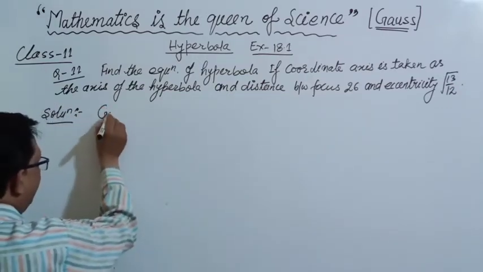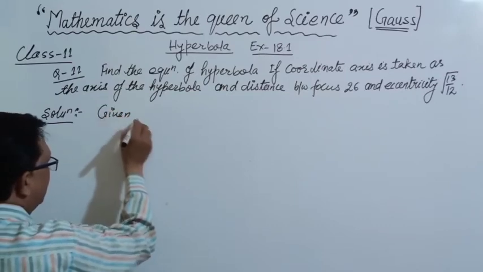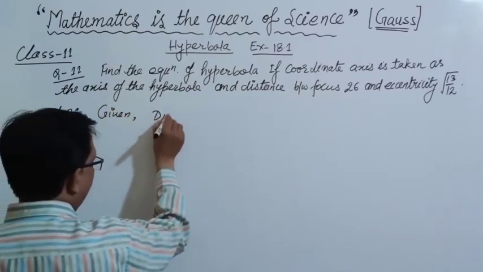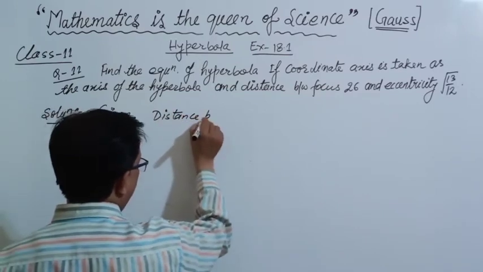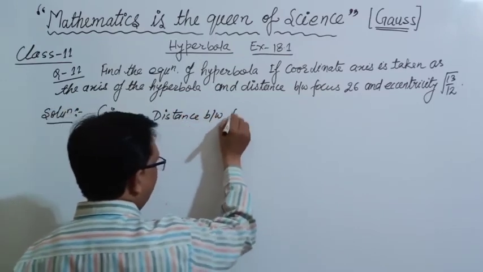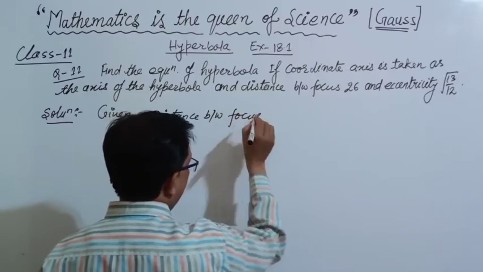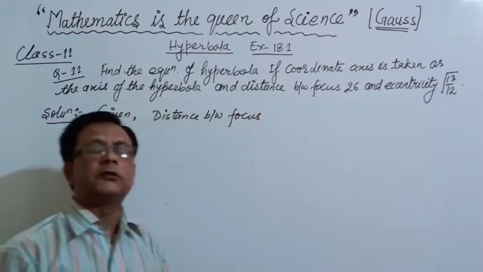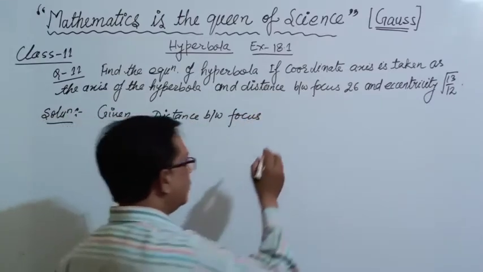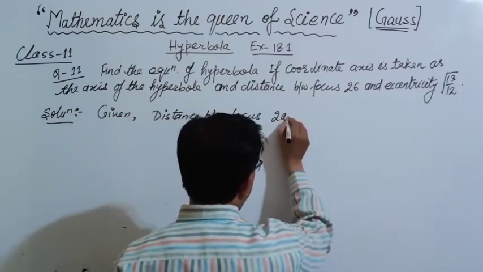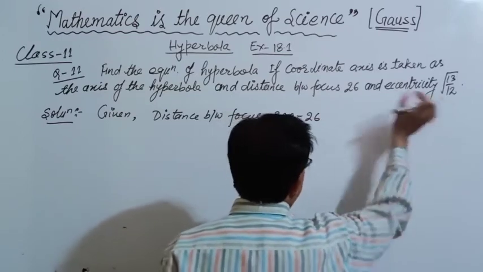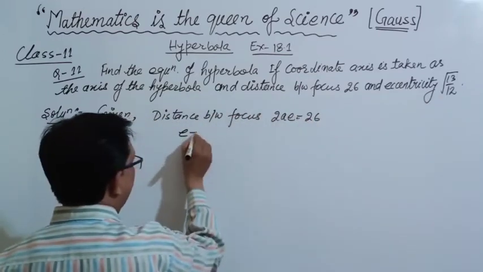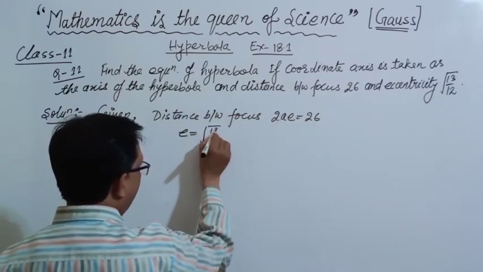Given: the distance between the foci is 2AE, so 2AE is equal to 26, and eccentricity E is root 13 upon 12.